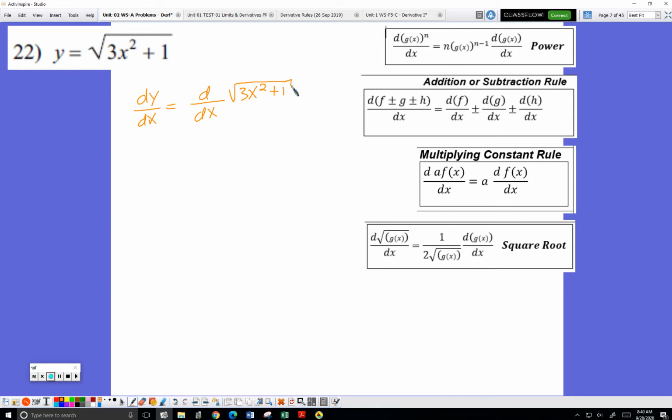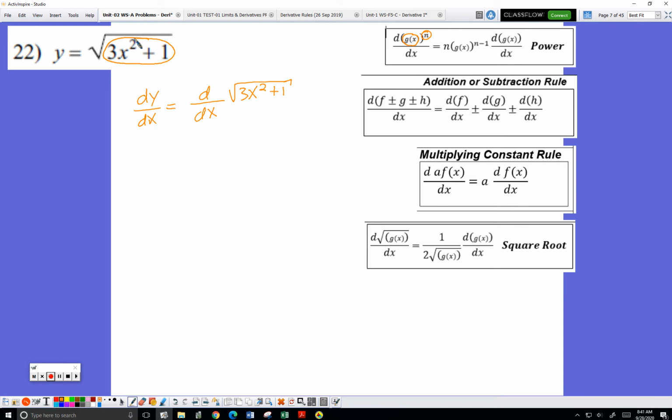Question? Cool. We go looking for a rule. In this case, the power rule kind of fits because this is something to a power, and this really is 3x squared plus 1 to the 1/2 power.